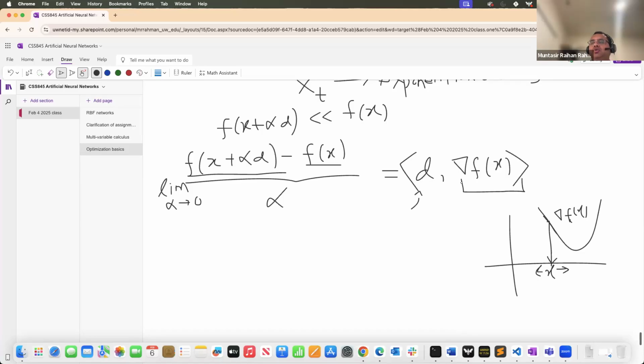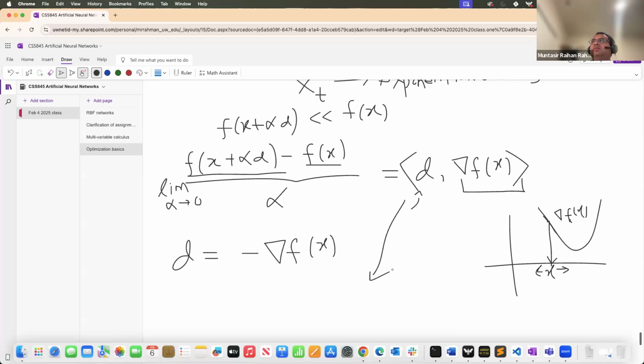What value of d can I choose to minimize this inner product, where this is a constant, del of f of x? If I choose d equal to minus del of f of x, then what do I get?